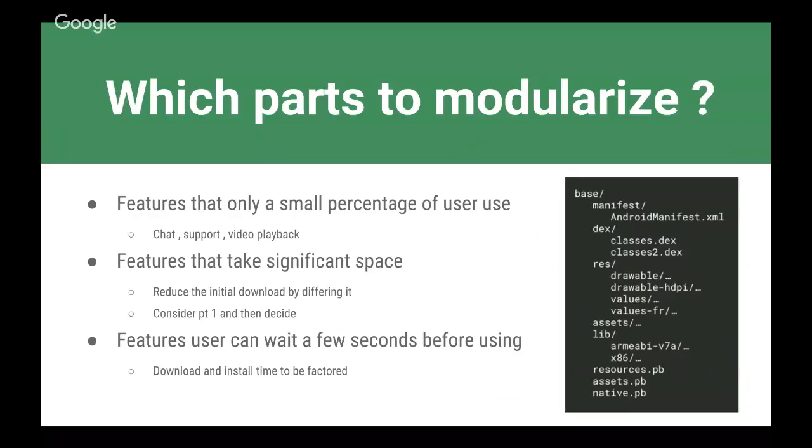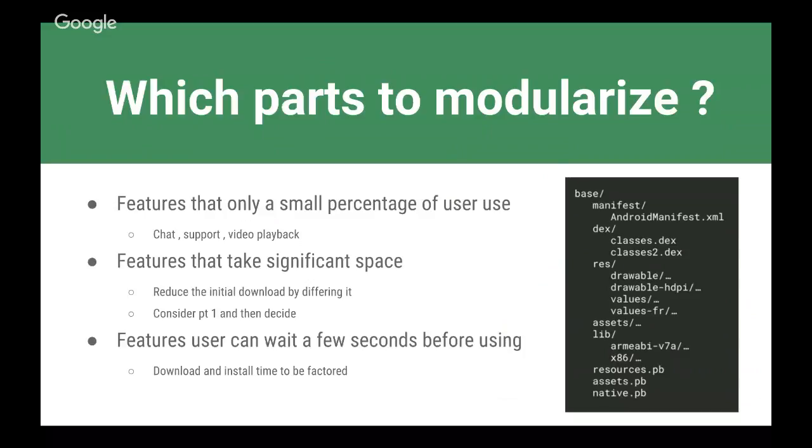Now, if you want to split, how do you modularize and which parts do you want to modularize? You want to figure out which features are only used by a small percentage of users. Those are good to be modularized and moved out as a dynamic feature, because that subset of users, when they want to use that feature, will get it downloaded from the Play Store directly.